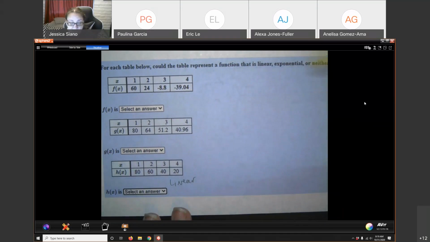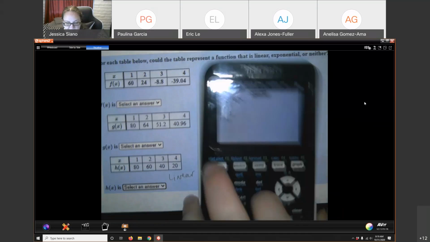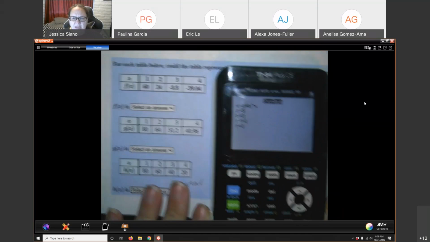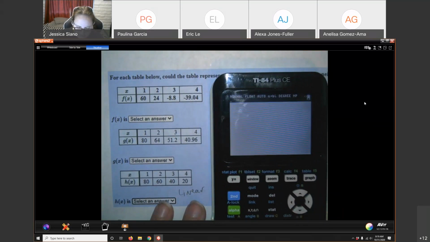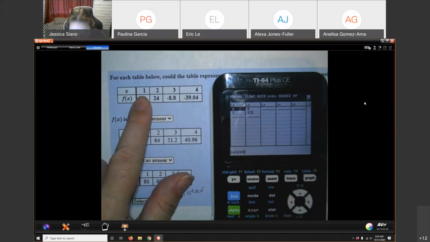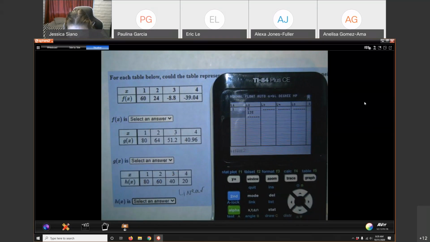Now, I'm going to use the calculator again for these because I think that's the most effective way to do them. It's 8 o'clock in the morning and my brain doesn't want to do math. So we're going to put this in: 1, 2, 3, 4, and 60, 24, negative 8.8, negative 39.04.